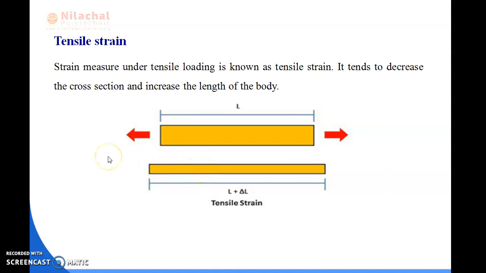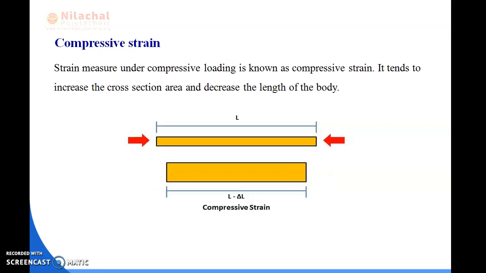Okay, so next is compressive strain. It is the opposite of tensile strain. That means when a body is subjected to two equal and opposite pushes, that is, a pushing force or compressive force, the length of the body is decreased and the width of the body is increased. You can see here the length is decreased and the width is increased.